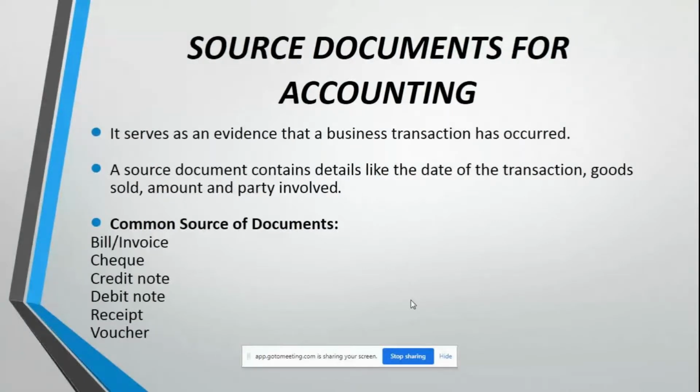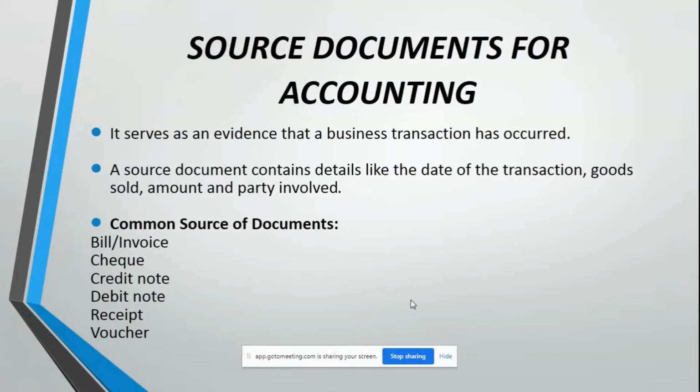Now we have so many documentary sources: the bill or tax invoice, cheque, credit note, debit note. A credit note is used for a sales return. To account for the sales return, a credit note will be issued, while a debit note is for a purchase return.